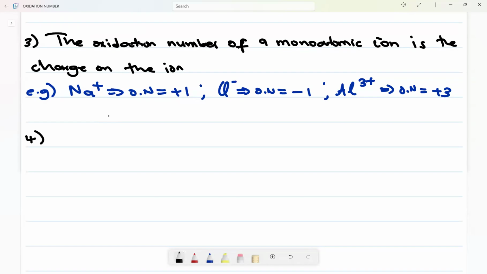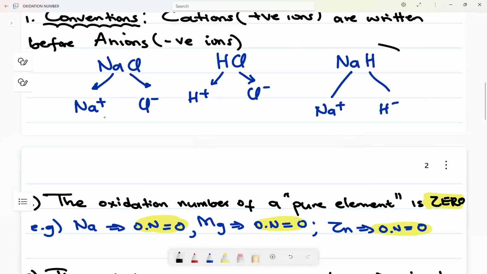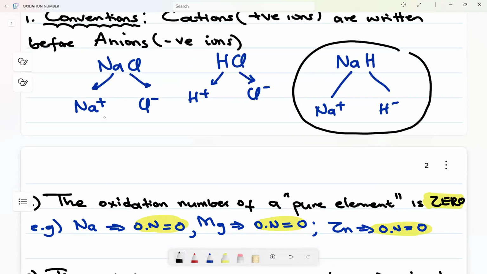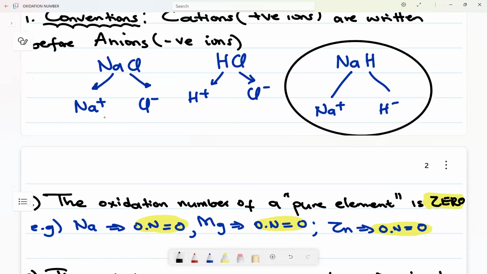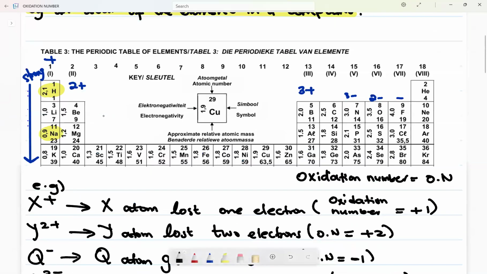Let me come back here. When we considered this element, I said H is going to take the minus because Na is strong.